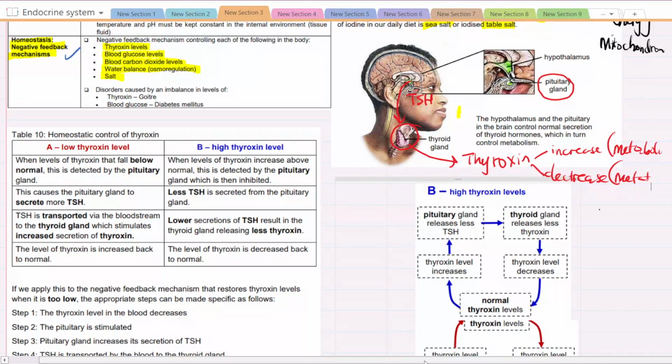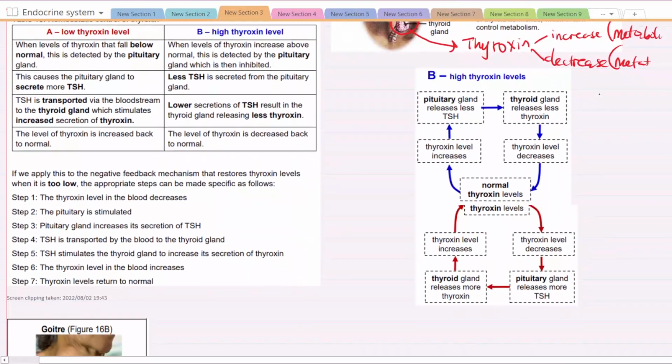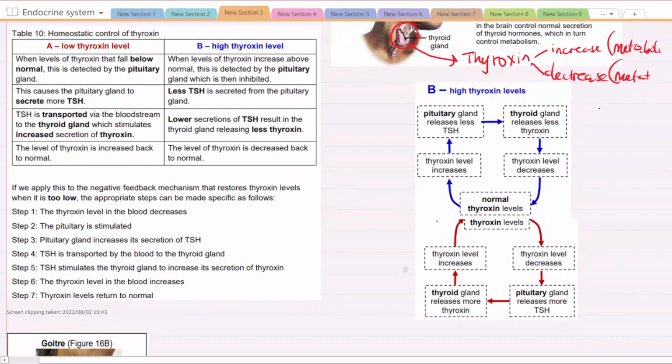Right. So let's move on to the processes now. Basically what happens here, let's say here's your thyroxin hormone, and these are the normal levels of thyroxin hormone. Now, what would happen is, let's say you have had a meal, right? Your meal will always have some glucose available.